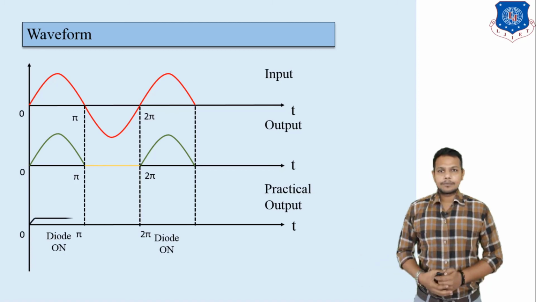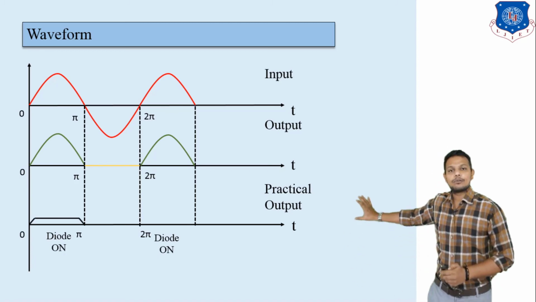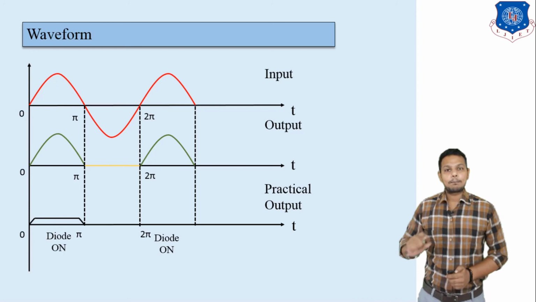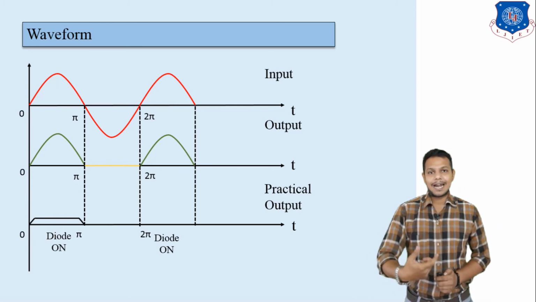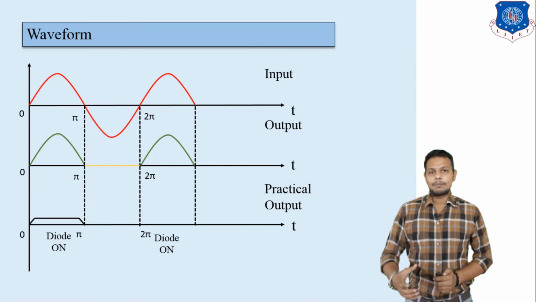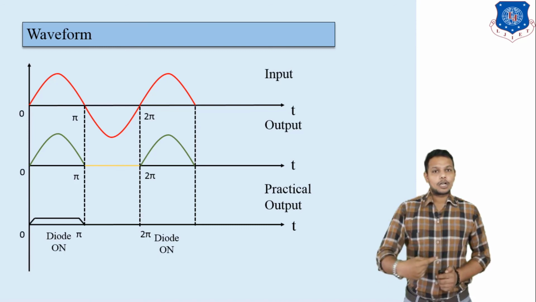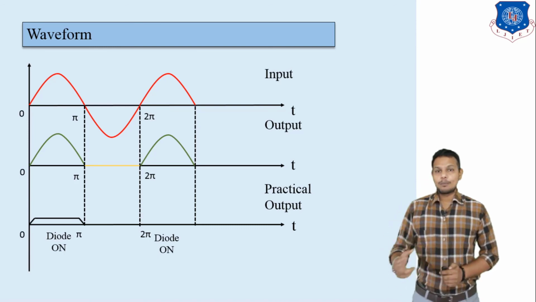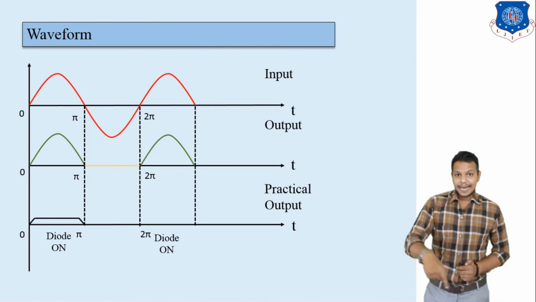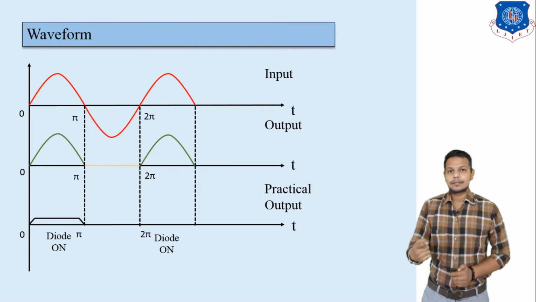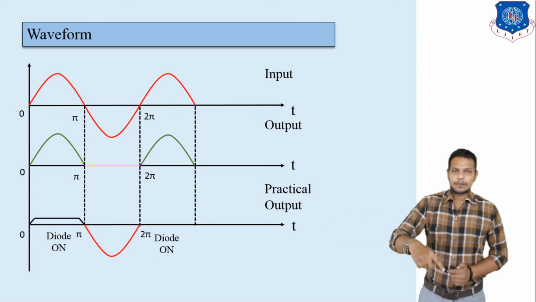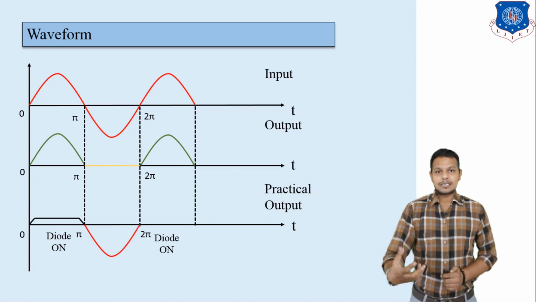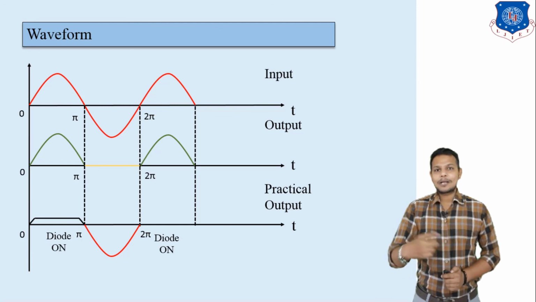Here we can see this is the diode voltage. It will be 0.7 volts if you measure at the diode side. So it will be 0.7 due to the closed circuit. If you measure it for the negative half cycle, then it will be the same as the input, because for reverse bias the diode works as an open circuit.